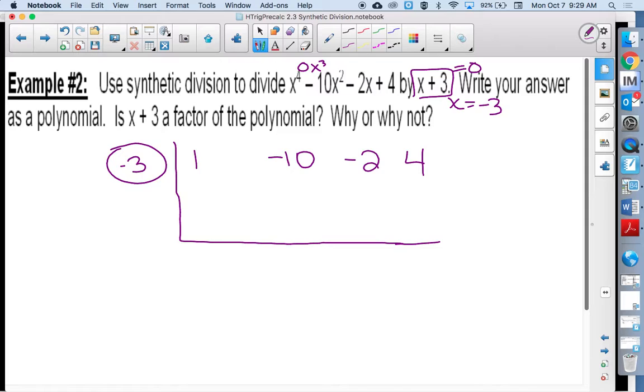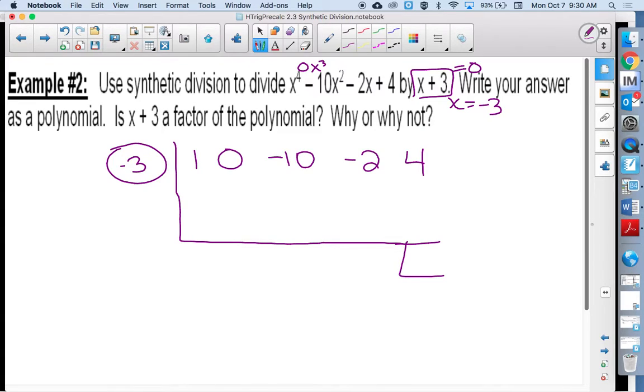It skipped over x cubed. And we cannot skip over any exponents, any powers. Each one needs to be represented. So with the long division, we plug those zeros in for any power that wasn't there. We have to do the same thing for the synthetic division. So I have an x to the 4th. I need a space for x cubed. And then I have x squared, x, and then the number. Underneath that last number is where our little box goes for the remainder.